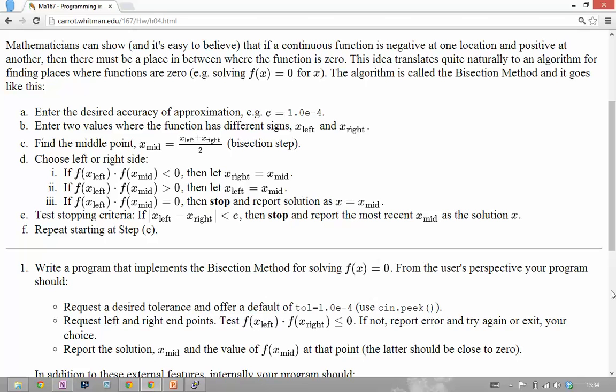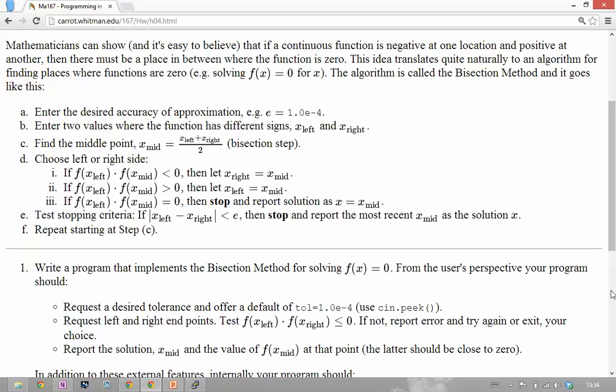So let's talk about what external data. A and B are kind of preliminary steps. Enter the desired accuracy, enter 2 values where the function has different signs. Find the middle of that interval, choose the left or right side based on this if statement, and then do it until this thing becomes less than the tolerance.